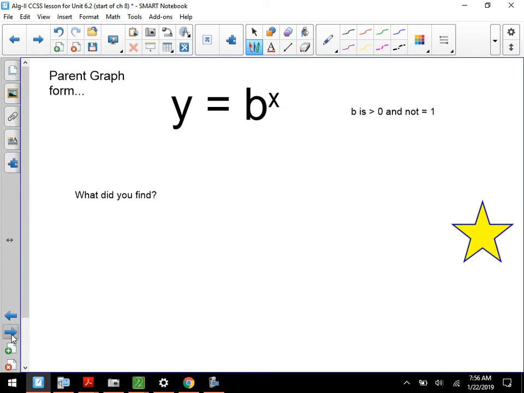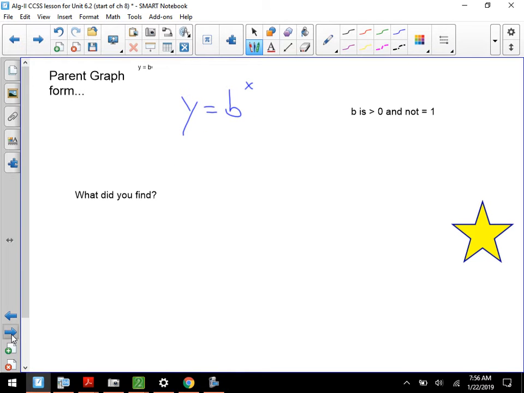So what happens is we have this thing called a parent function. And we've talked about parent functions before. We call it y equals b to the x. And again, there's not a really easy way to type this into the smart board with an exponent, so think of it that way.